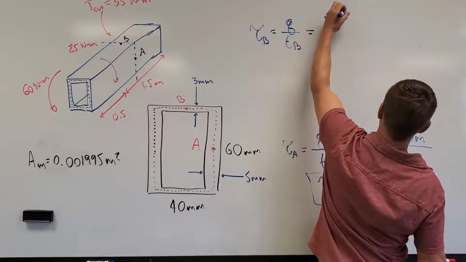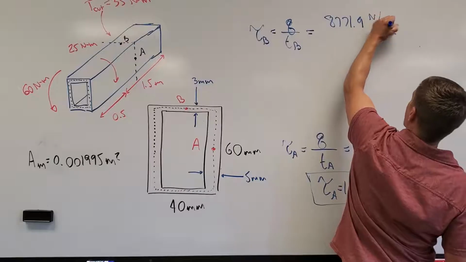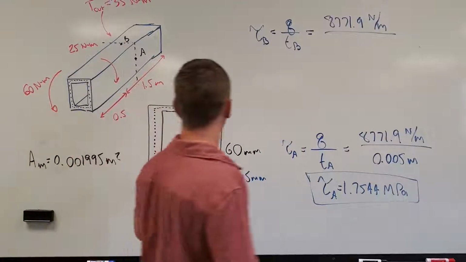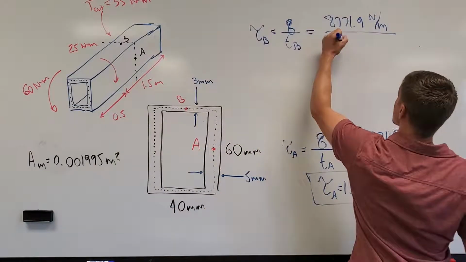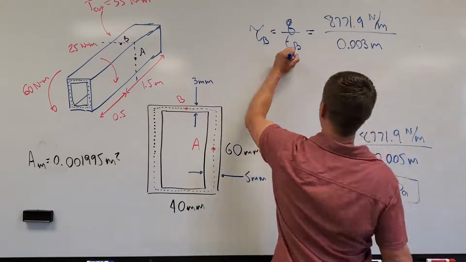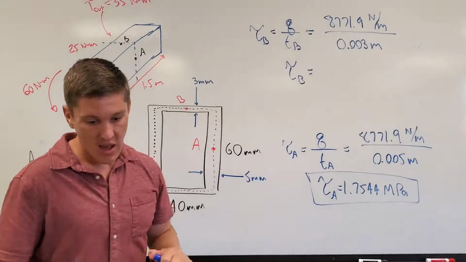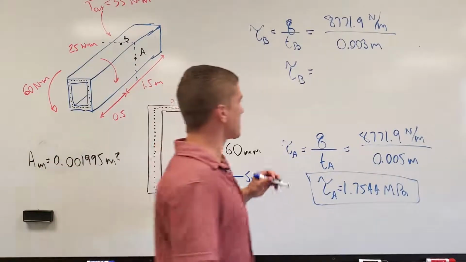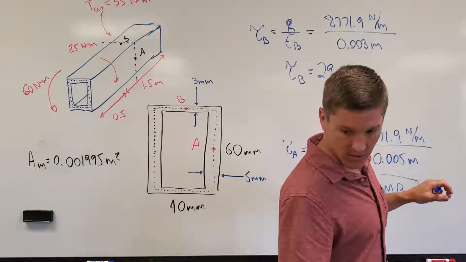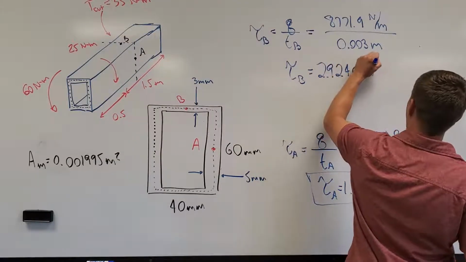So 8771.9 newtons per meter divided by our thickness at B, which is only 3 millimeters, so it's going to be 0.003 meters. I do that calculation in my calculator, and I get that my shear stress at B is 2.9240 megapascals.